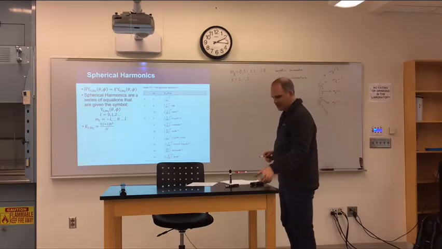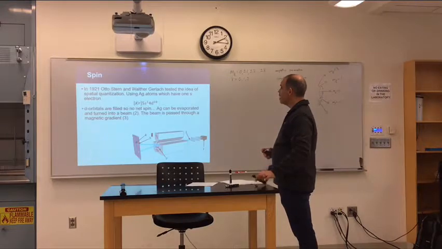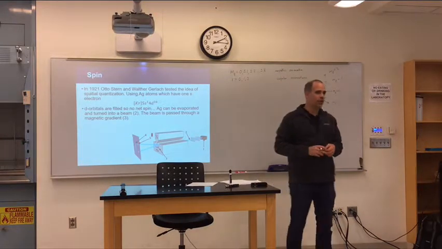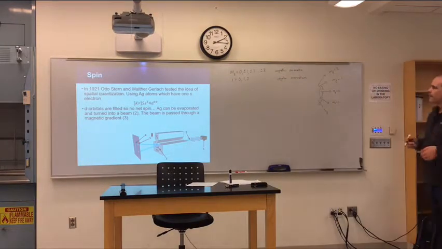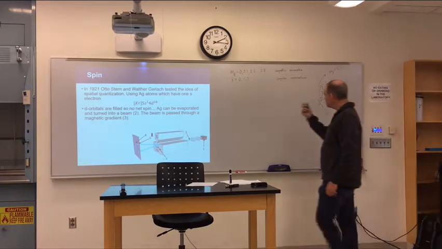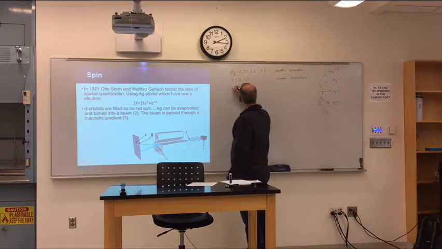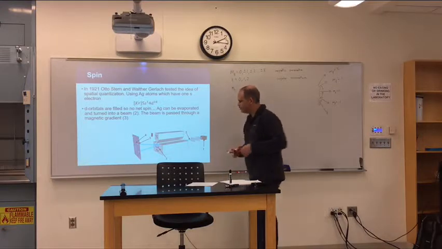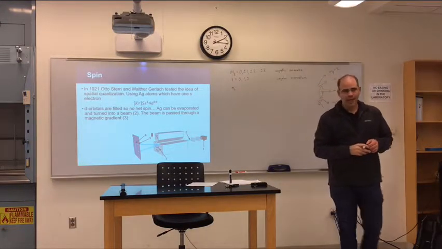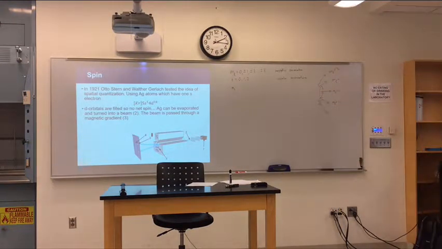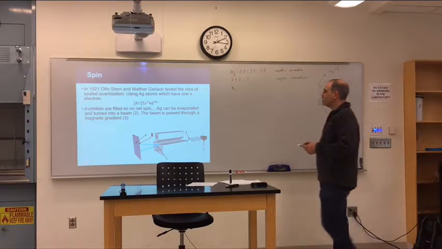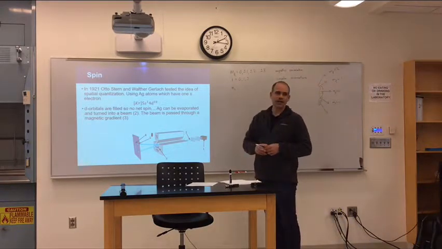This is where the concept of our spin quantum number comes into play. That is your m sub s value. Back in 1921, Otto Stern and Walther Gerlach, or however you properly say that in German, tested the idea of spatial quantization.